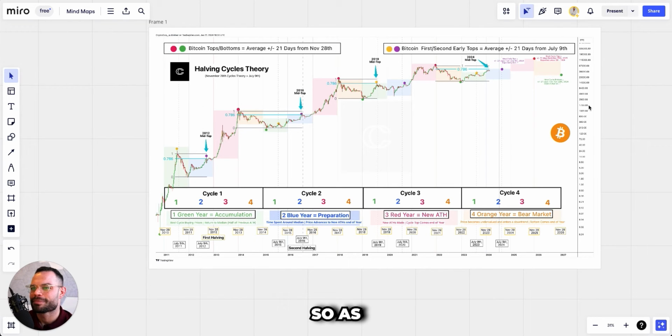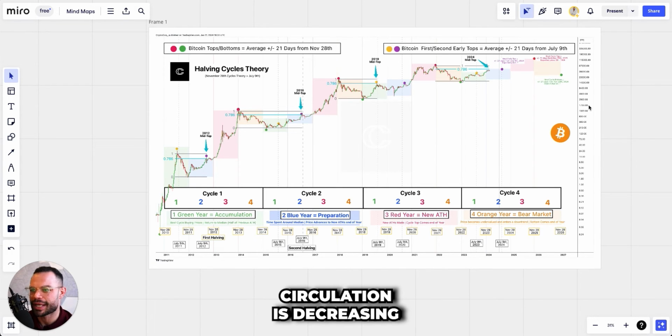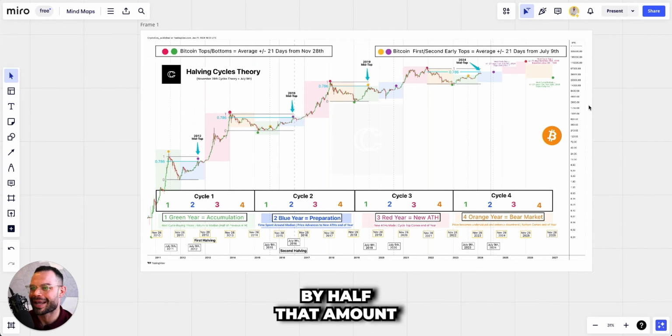So as we progress through the course of time, the amount of Bitcoin that is entering circulation is decreasing by half every 4 years until around the year 2140, when the last ever Bitcoin will be mined.